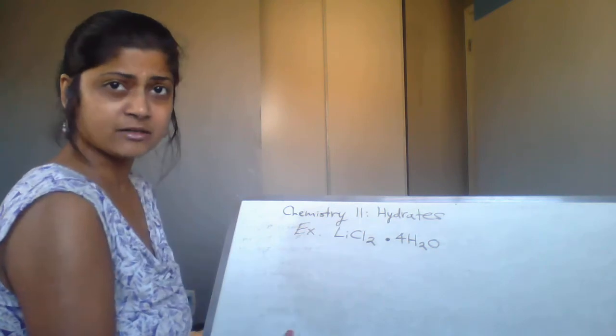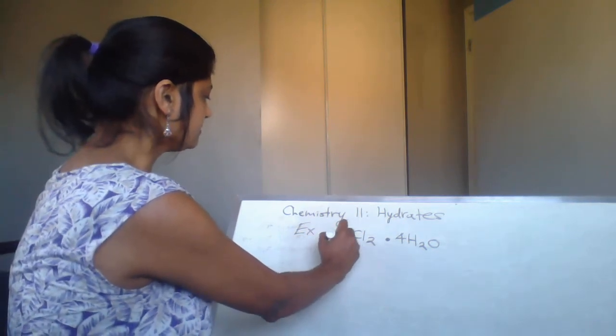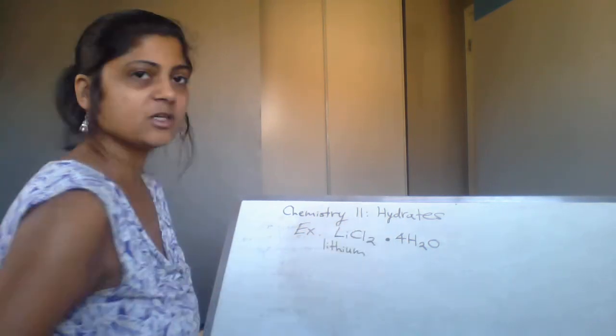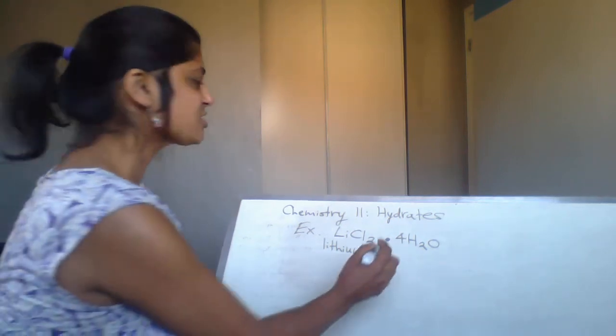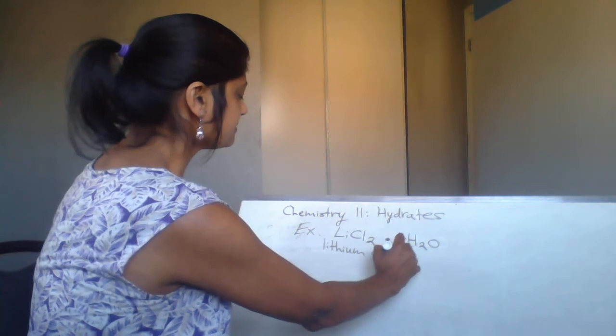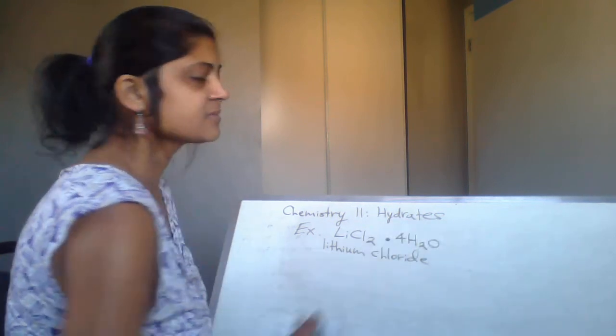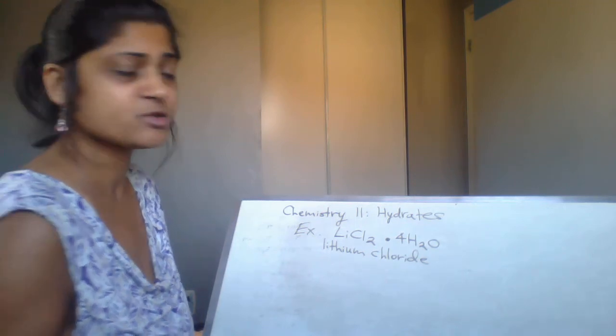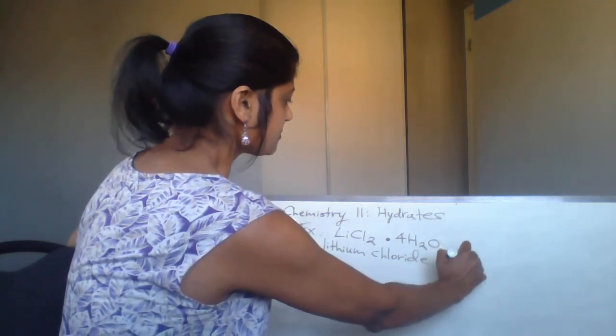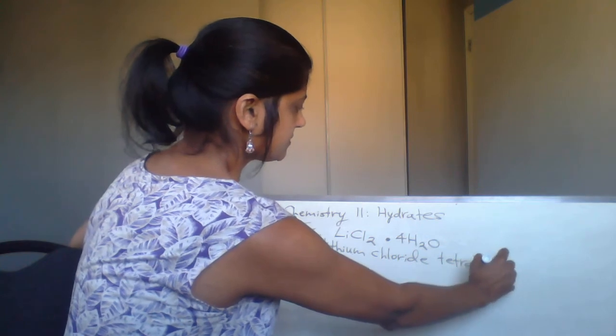A simple ionic compound. Li is lithium, and Cl is chlorine. I'm going to add IDE at the end, so it becomes chloride. There are 4 molecules of water here. The prefix for 4 is tetra, so I'm going to put tetrahydrate.